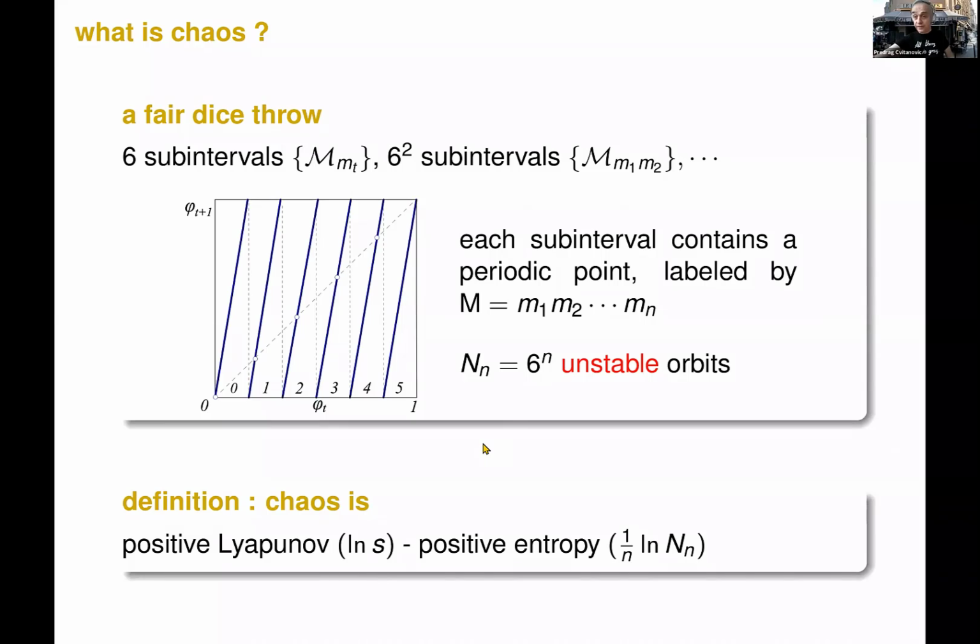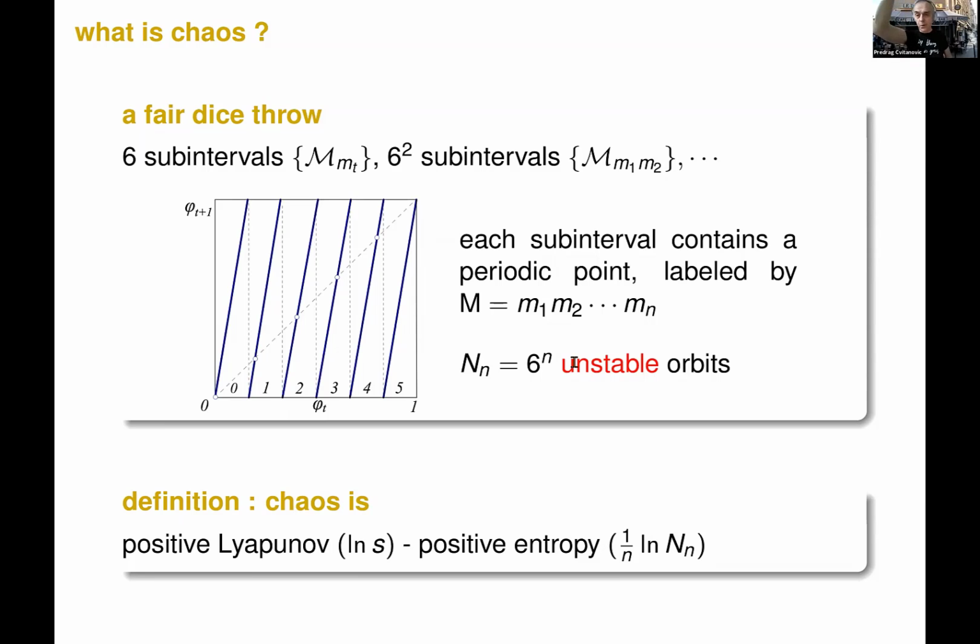Chaos is positive Lyapunov exponent, which is this stretching rate s, the slope of this thing. And its logarithm says how much I stretch per throw. So it's a stretching rate. It's called Lyapunov. And then I have to count possible ways I come back into the same interval.